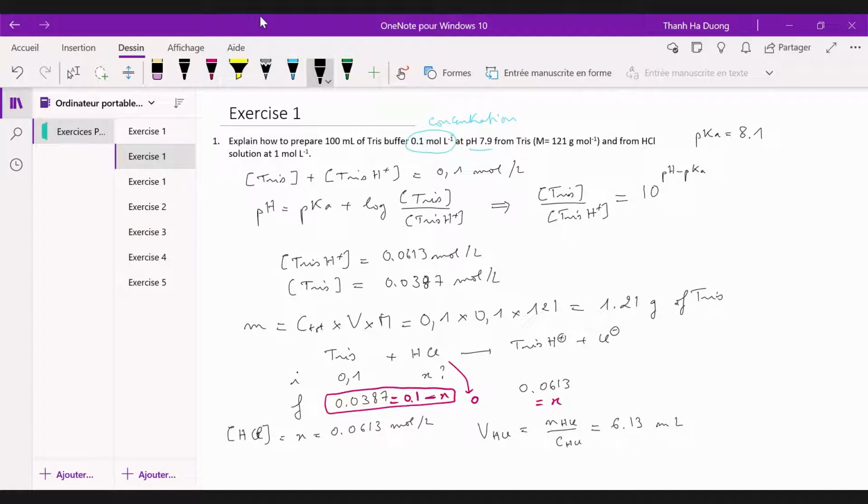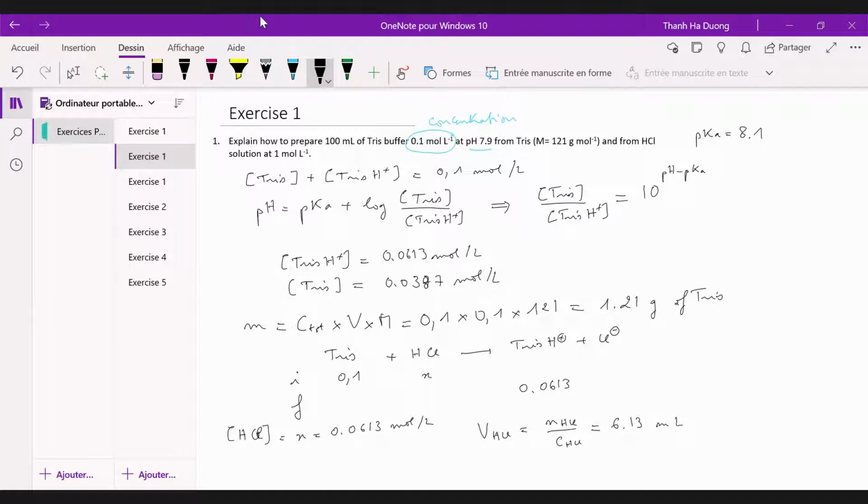Can you explain again why the hydrochloric acid, and then we can find the X only by that equation? I still don't understand. Okay. So at the beginning, in the initial state, you have 0.1 mole per liter of tris.